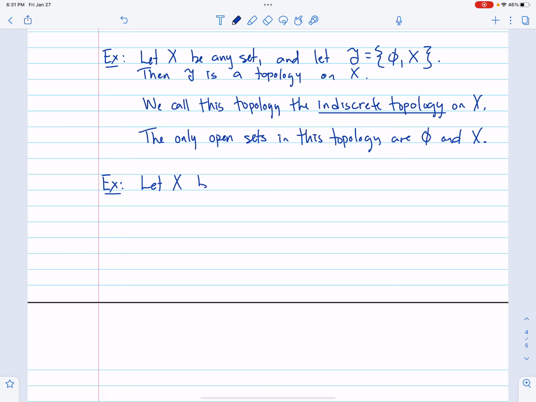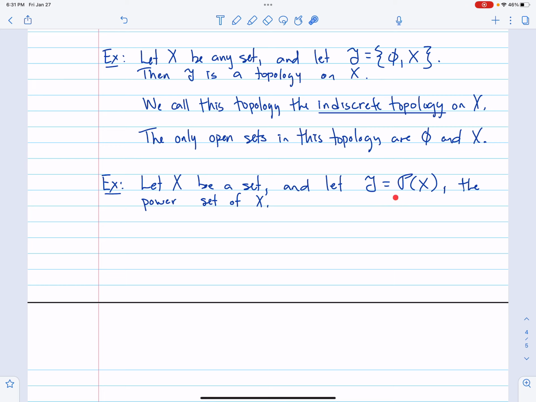So let X be a set again, and in this case, let T be the entire power set of X. Okay? In the first example, we said the bare minimum that we can include is the empty set and the whole space if we want it to satisfy those three properties.